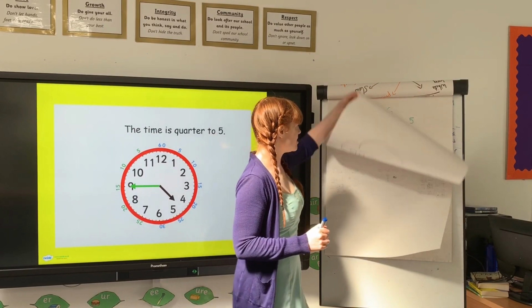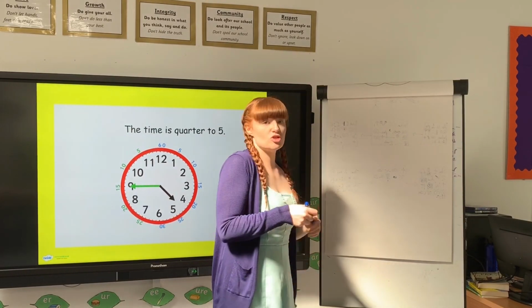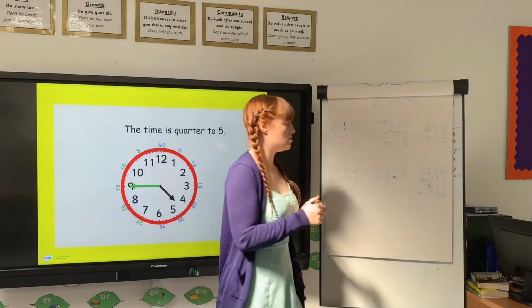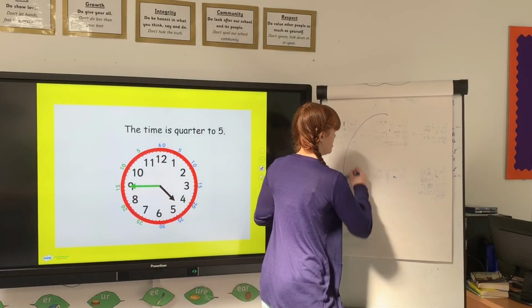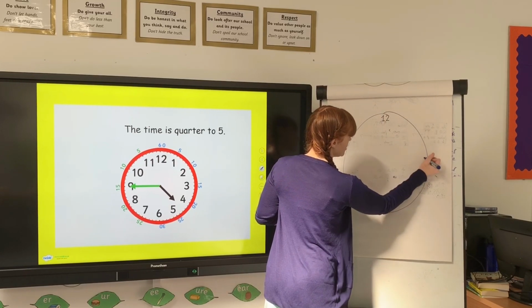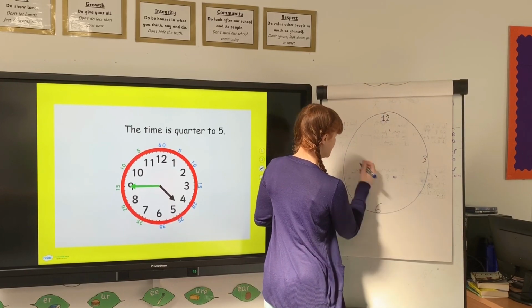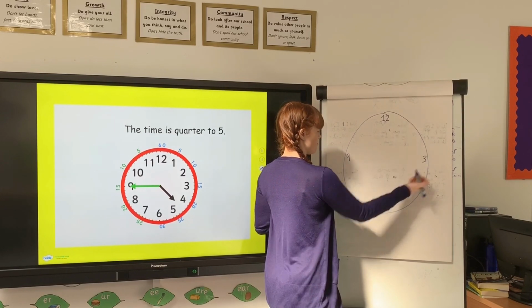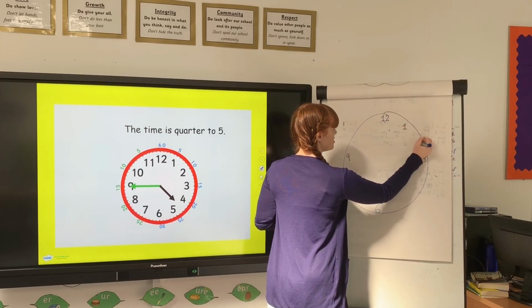Then if we had a look at a time that's showing, say, 25 past 4. So I've got my clock. Again, putting in my numbers. I always find it easier to do the 12, the 3, the 6 and the 9 first.